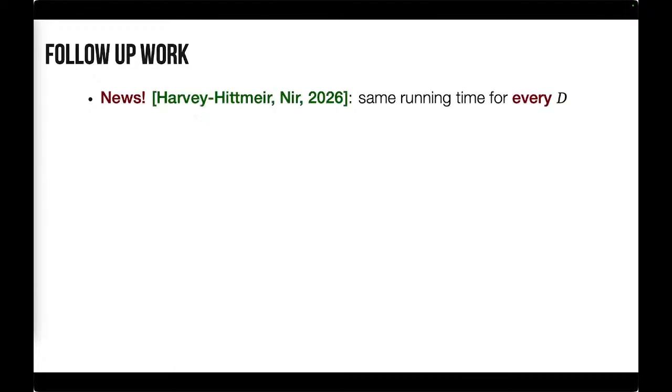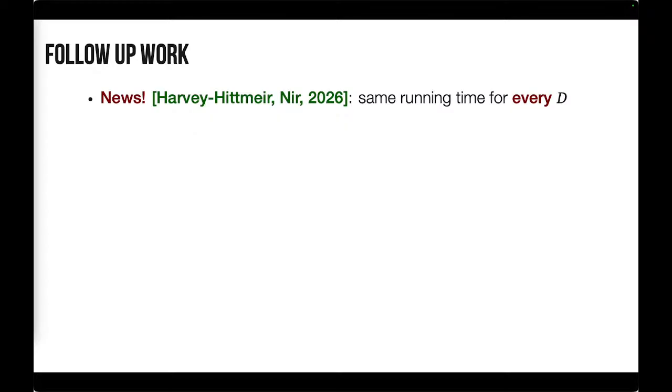Okay, now here comes the breaking news: two follow-up papers, one by Harvey and Hittmeir and one by Nir, give an algorithm for the same problem with the same running time, and it works for every d. So this answers my question. You don't have to assume now that d is large.